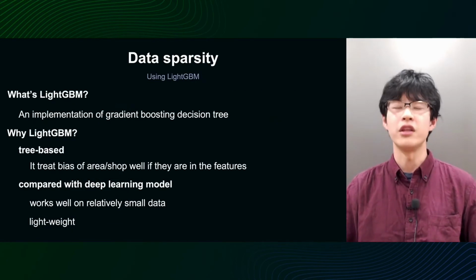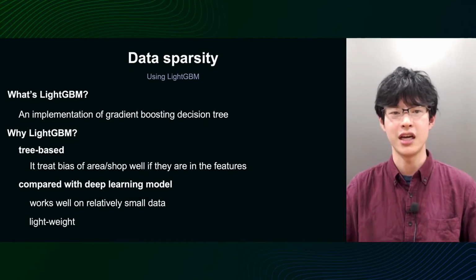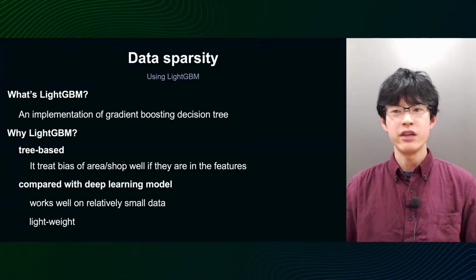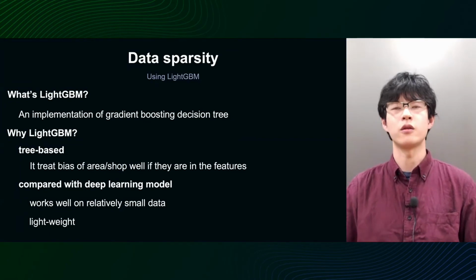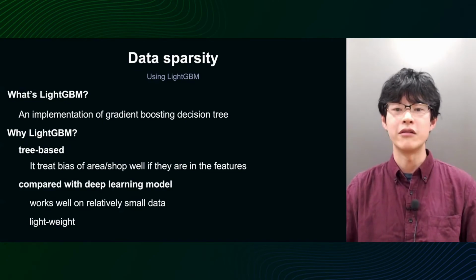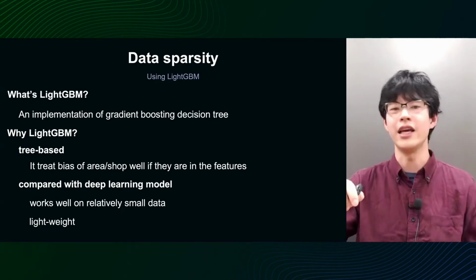Now let's look at the model first. In this task, we decided to use LightGBM as a model. The reason for using LightGBM is that a gradient boosting decision tree uses multiple decision trees to make predictions.